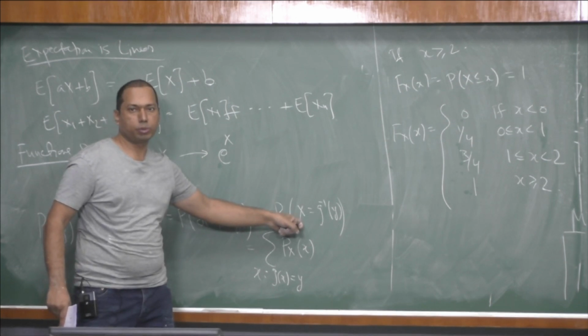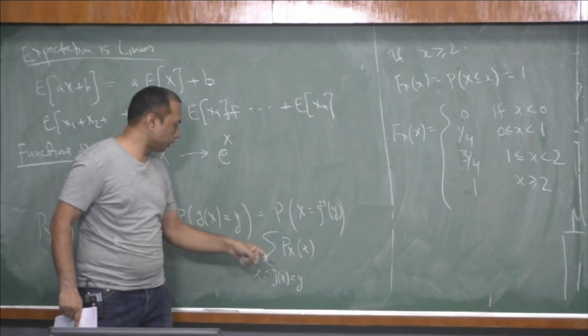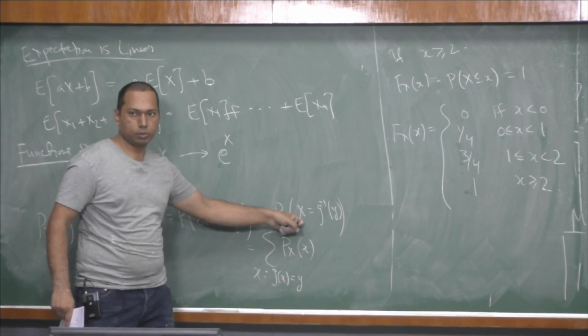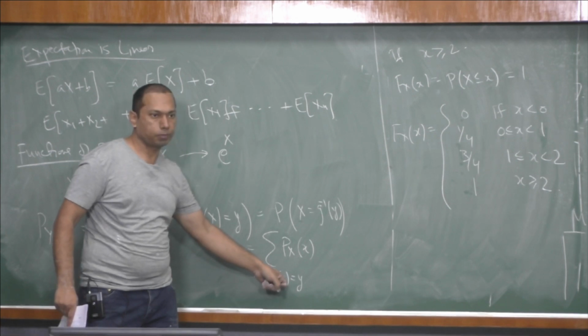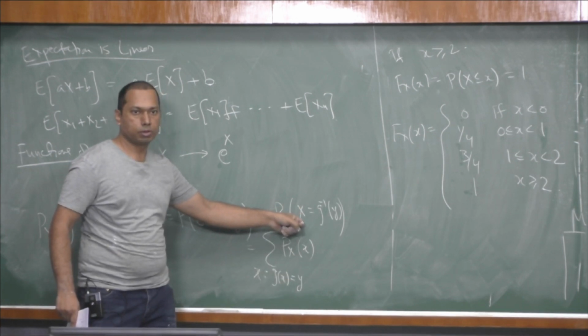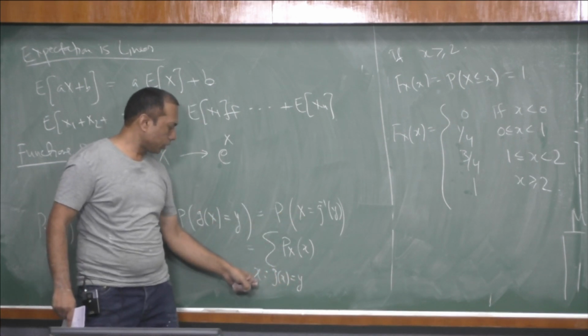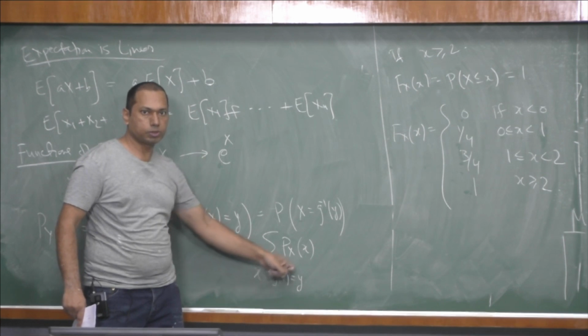It may not be a unique inverse, in the sense that for a given y I can have multiple x for which I get g of x is y. So what this formula says is that you can sum over all those. For a given y, find out all those x for which g of x was y.